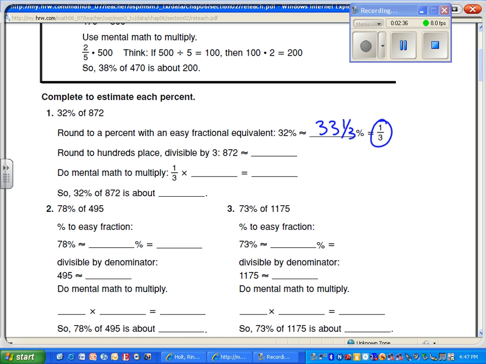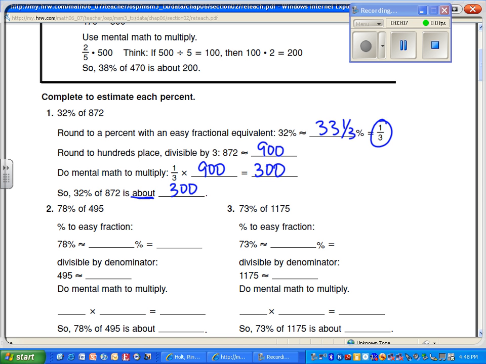And then we want to round the 872 to something we can find 1/3 of easily. That 872 I could round to 900 quite easily. It's not too far away. So really the bottom line is I'm looking for 1/3 of 900, which is basically 900 divided by 3. So that's 300. So 32% of 872 is about, that's your key word, about 300.